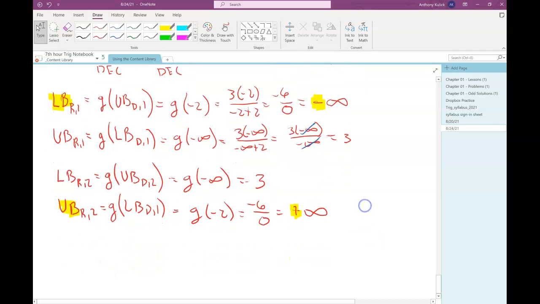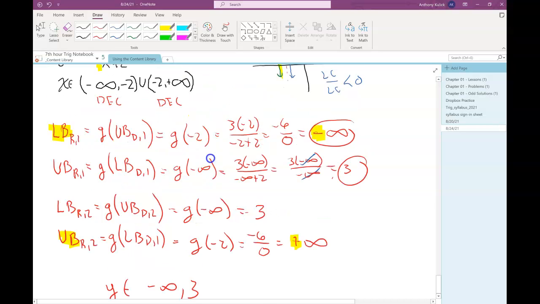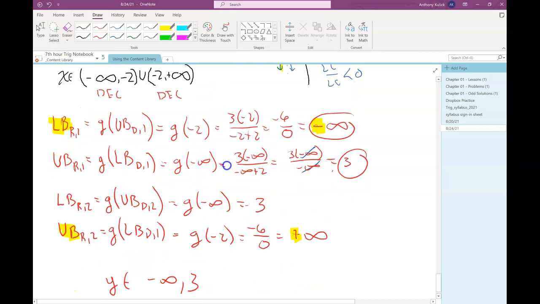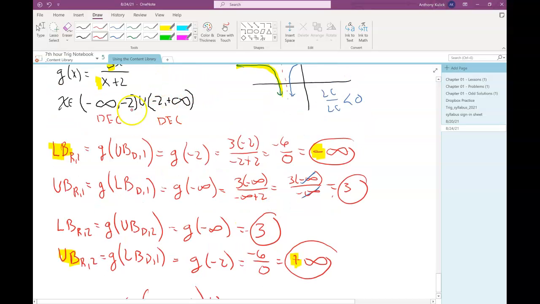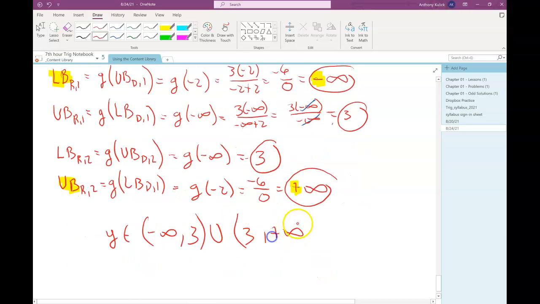So piecing this all together now, we have y is a member of negative infinity to 3. And because if I go back to the domain, each of those were parentheses, each of these will be parentheses. And then I have union 3 to positive infinity, and again each of these will be parentheses.